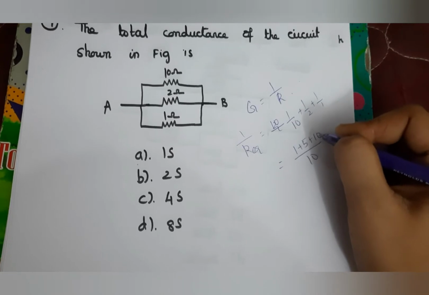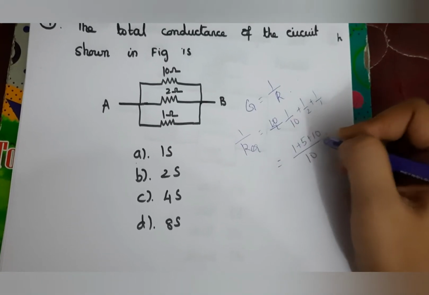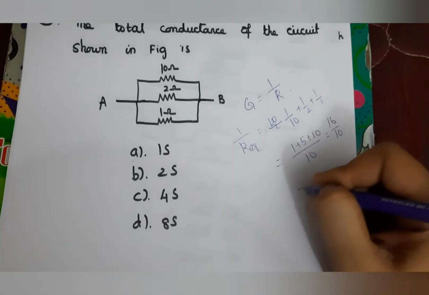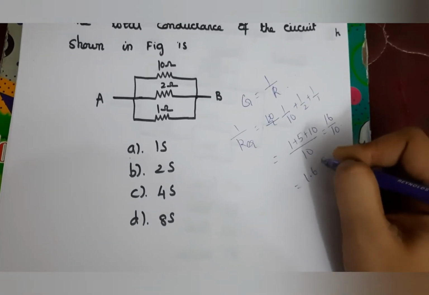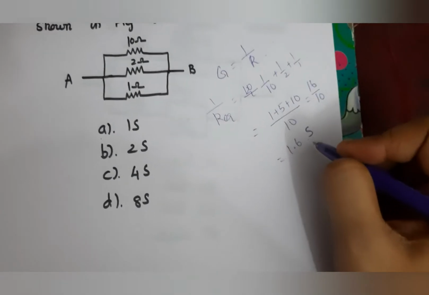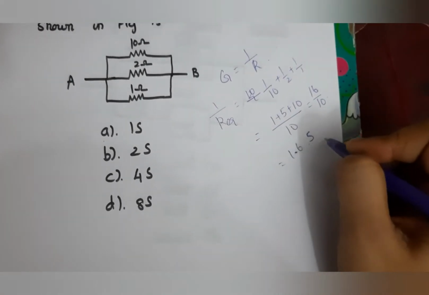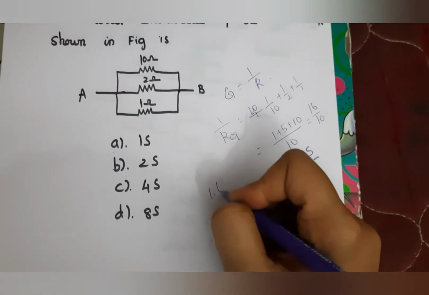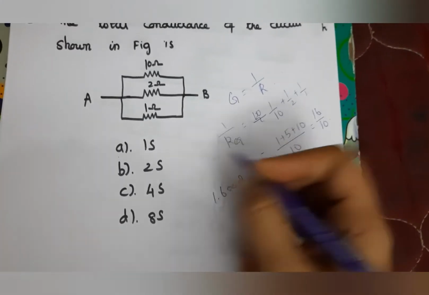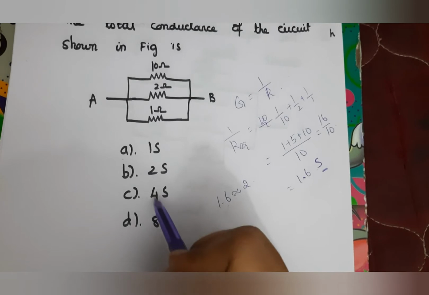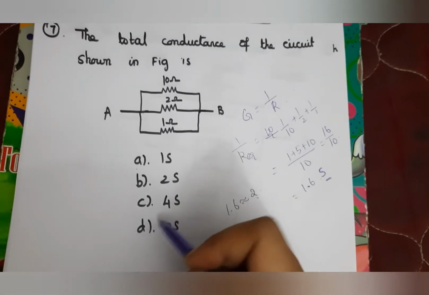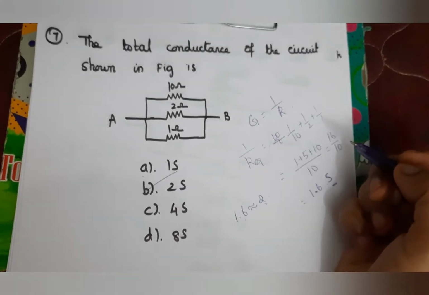So this becomes 16 divided by 10, that is 1.6 Siemens. 1.6 Siemens is the unit of conductance, and this 1.6 is approximately equal to 2. So here there is no option with 1.6, so consider 1.6 approximately equal to 2. The answer here is B.